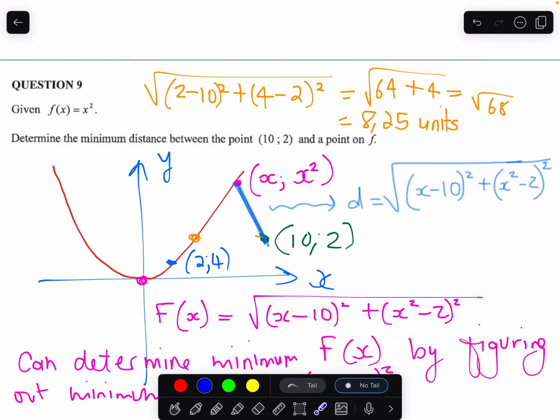Yeah, the agreement is that the shortest distance is 8.25. Okay, cool. So let's see if there's anything they did differently. No. Yeah.